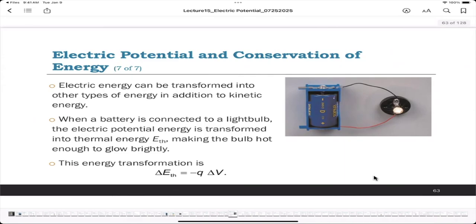Okay. Let's continue to talk about electric potential and conservation of energy. Electrical energy can be transformed into other types of energy in addition to kinetic energy.